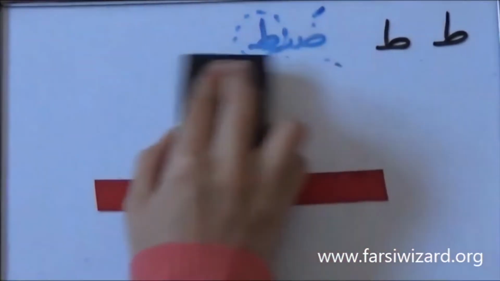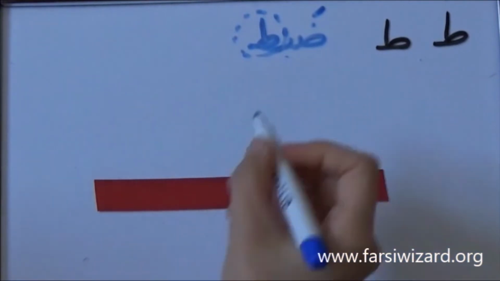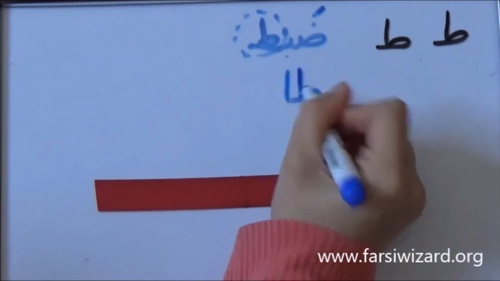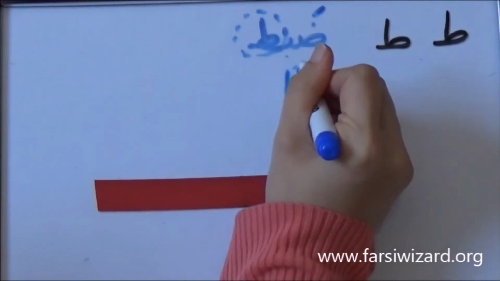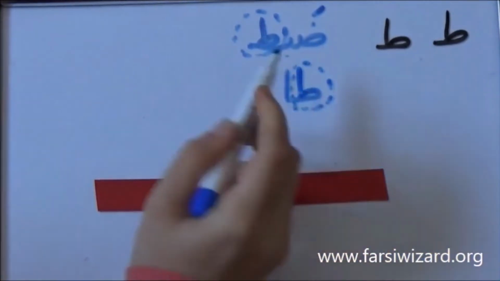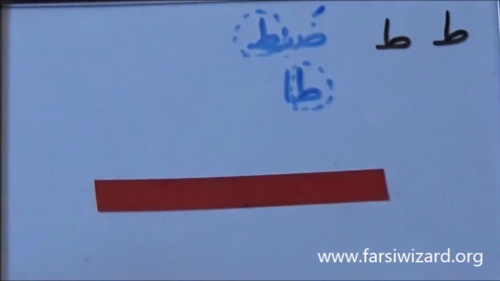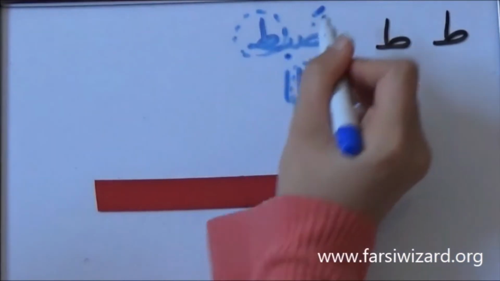Okay, now interestingly enough, this letter ta can also appear at the beginning of a word. So but you can see that there is no change, like it's really the same. The complete version and the small version would be written the same way.